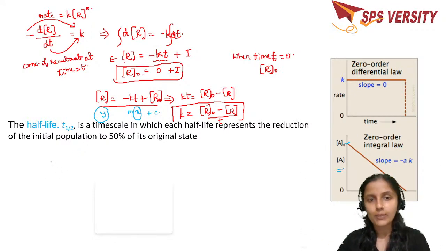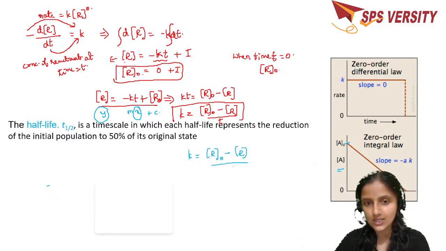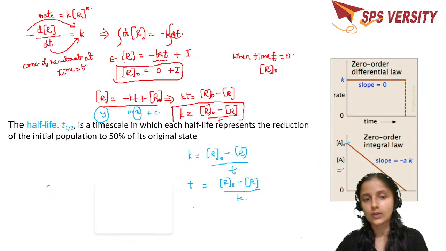Now we'll apply the conditions to this equation. So we have K is equal to R naught minus R divided by T, taken from the previous expression which we just derived. We'll rearrange this for T. Now when T is equal to T half, what is R?